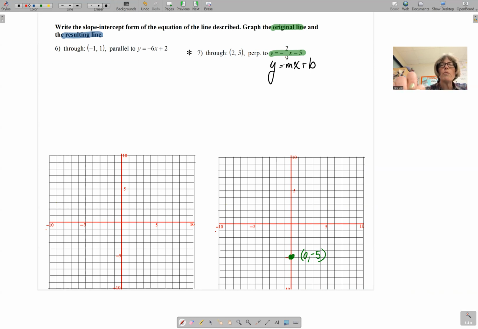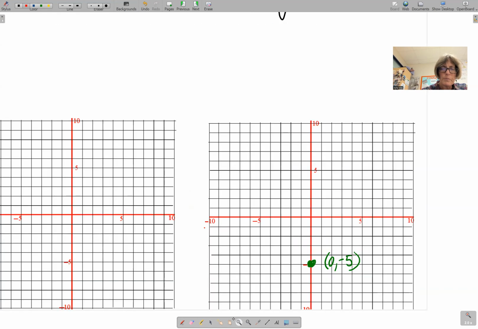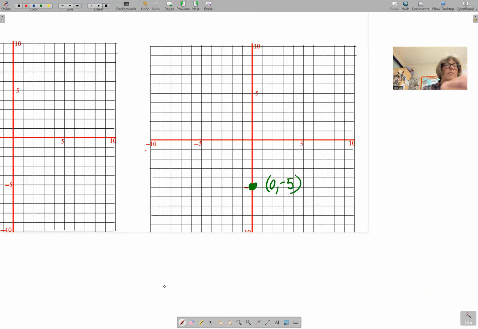And our slope is -2/9, so it's a downward slope. So there is our given line.